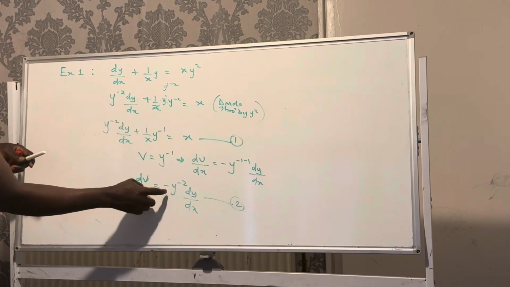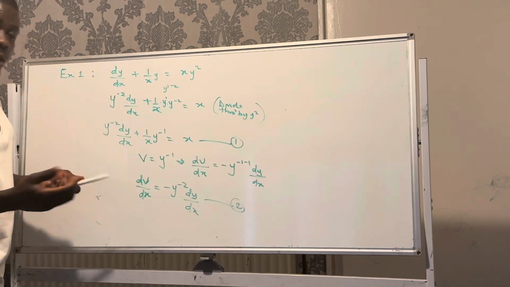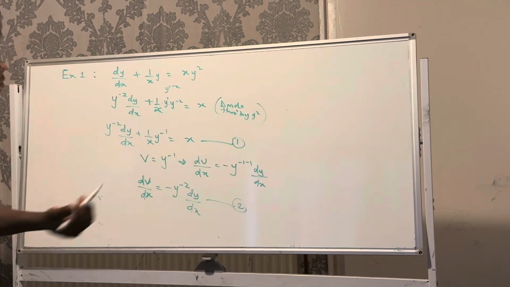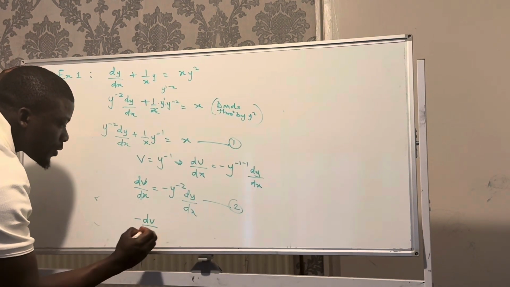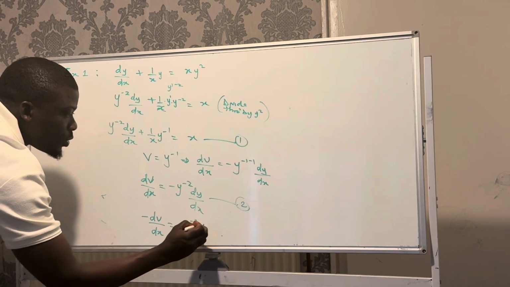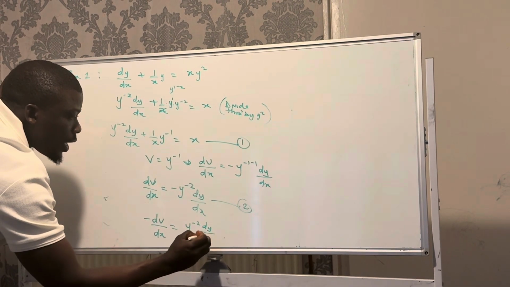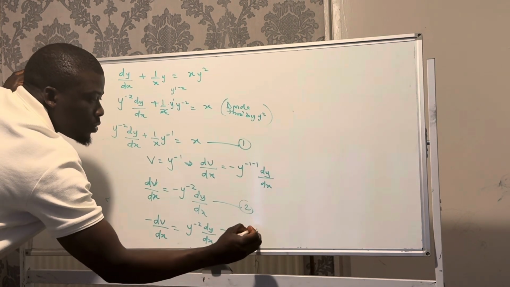But because of this negative sign, let's multiply both sides by minus 1, so this negative will be eradicated. At the end of the day, we have minus dv/ds equal to y raised to power minus 2 dy/ds. Let me call this equation 2 Roman figure 1.